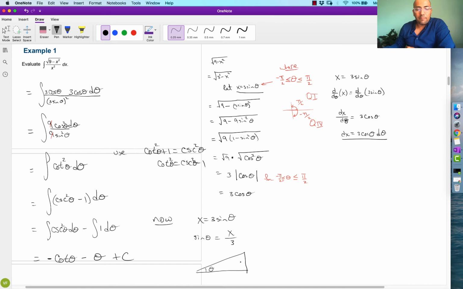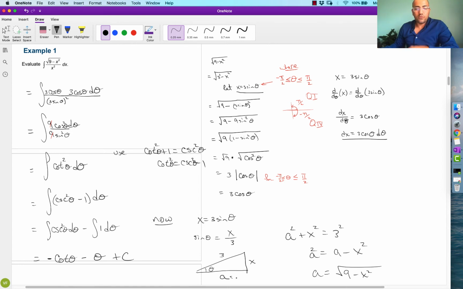Theta is equal to opposite over hypotenuse, so that would be x over 3, and there's a missing side here, call it a. So a squared plus x squared equals 3 squared. So a squared is equal to 9 minus x squared, or a equals the square root of 9 minus x squared. Right, so that's what this is.